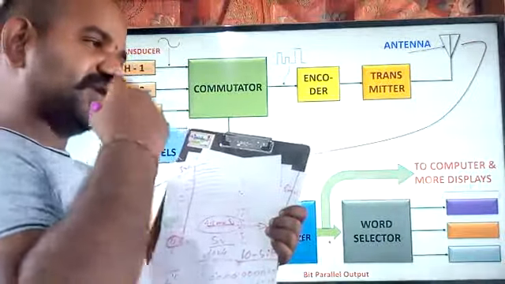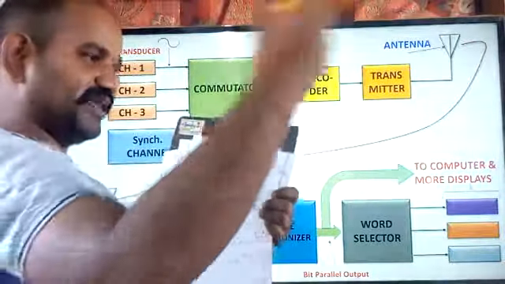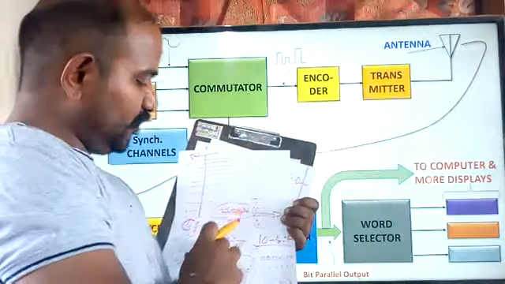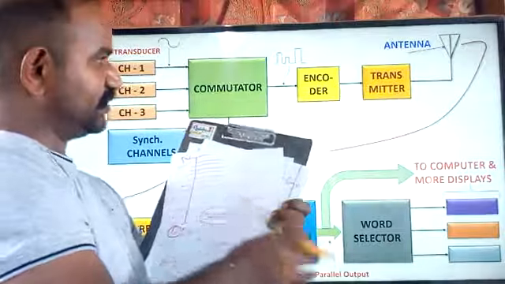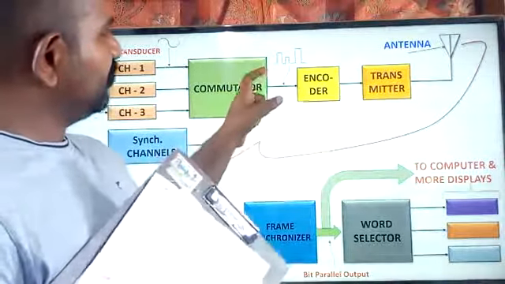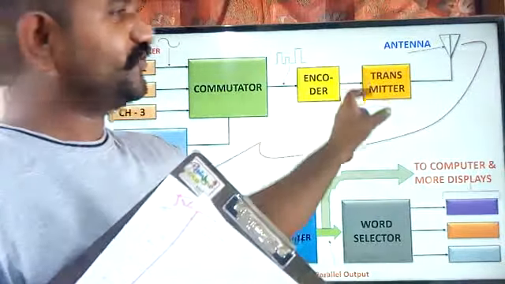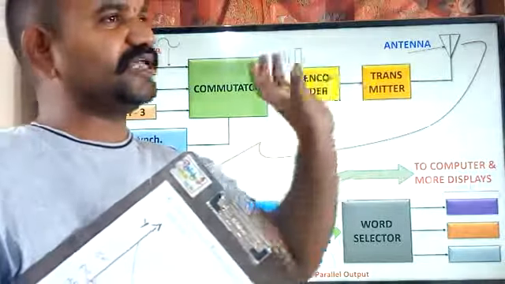In terms of binary combination format, the maximum is 1023. Each step size is 4.8 millivolts, which means for every 4.8 millivolts of signal variation, it is converted into the equivalent binary combination.